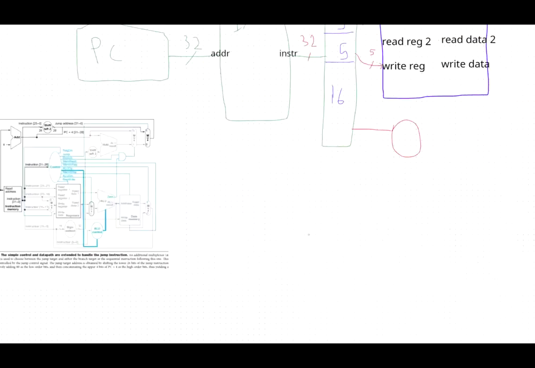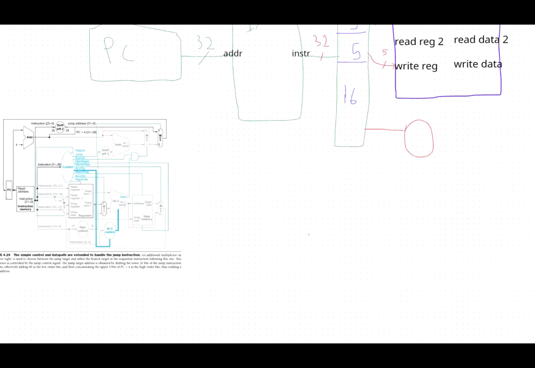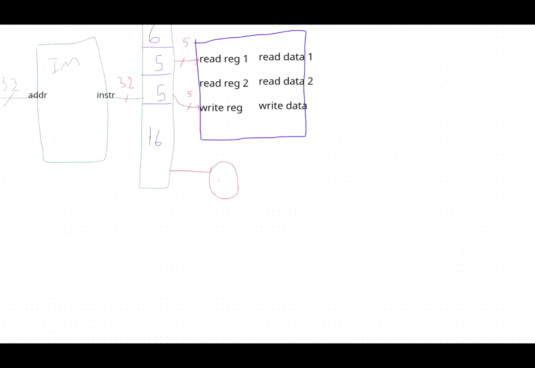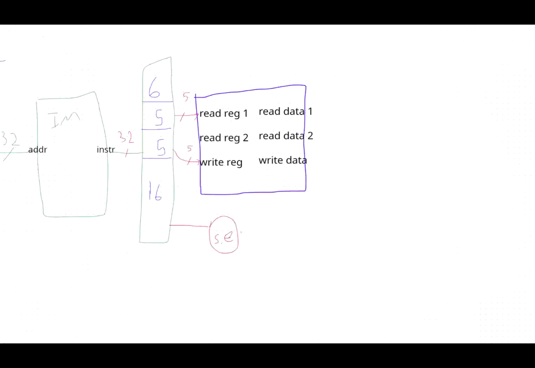We always want to sign extend because if we're going to do any math with this, we want it to be 32 because everything else is 32, and we can only compute things if they're the same size. So this is 32.